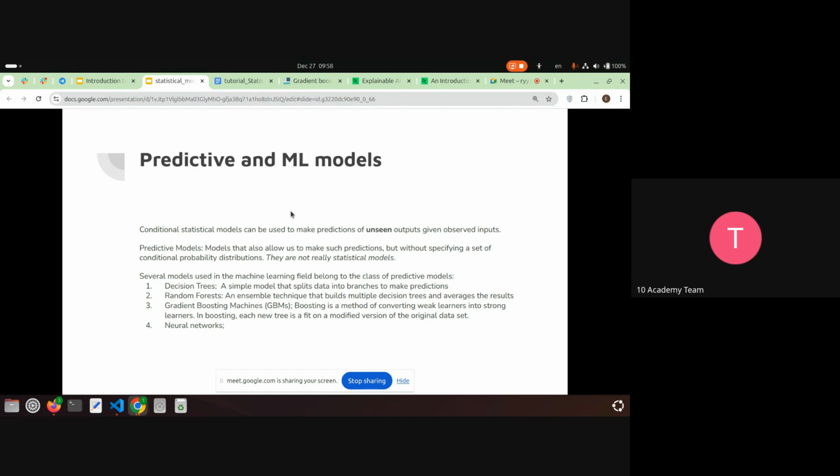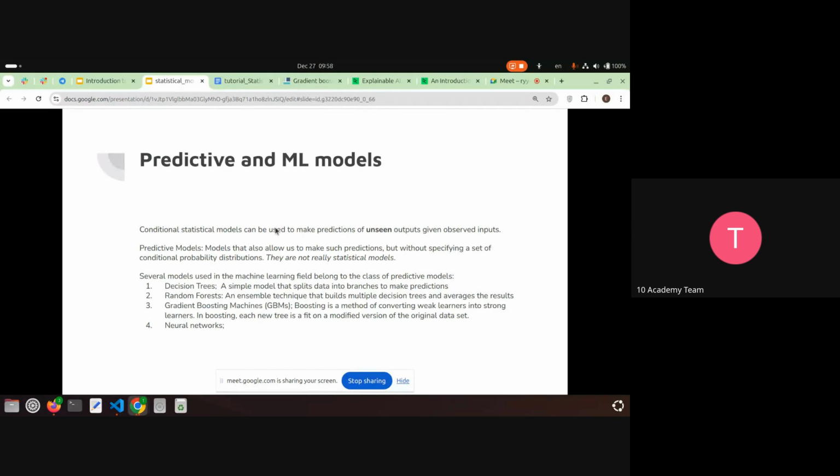They are not exactly statistical models, because the whole goal of statistical modeling is to understand how our data is generated. You don't want only to predict, you want to understand the underlying relationship between these different variables.